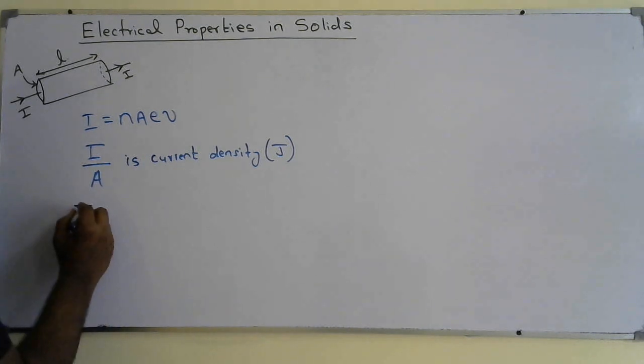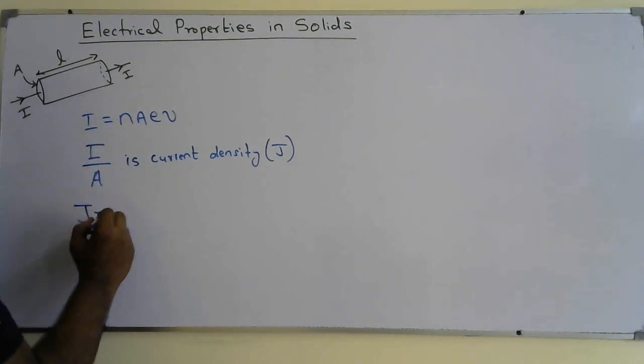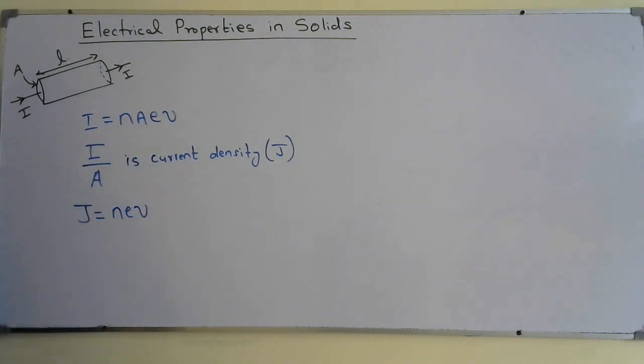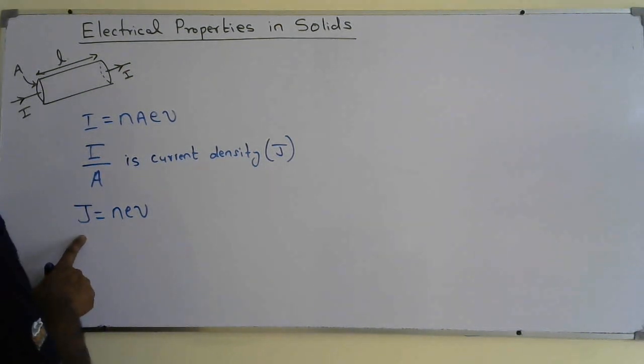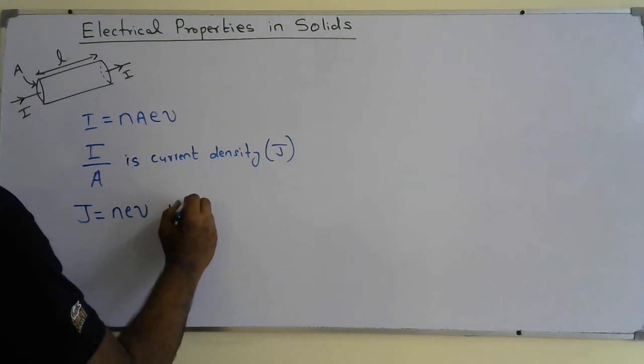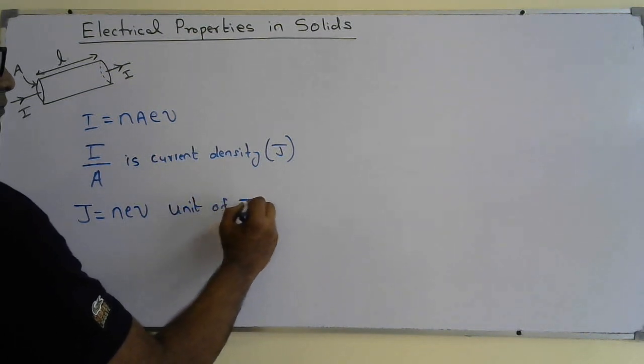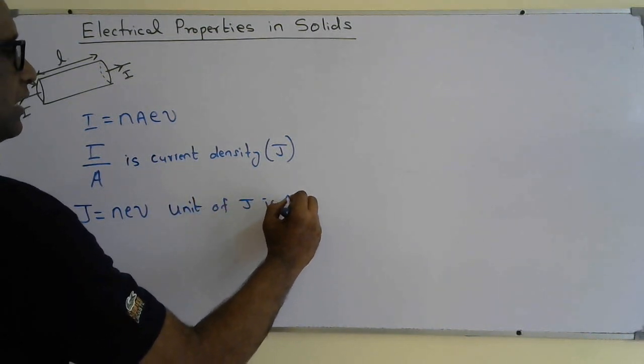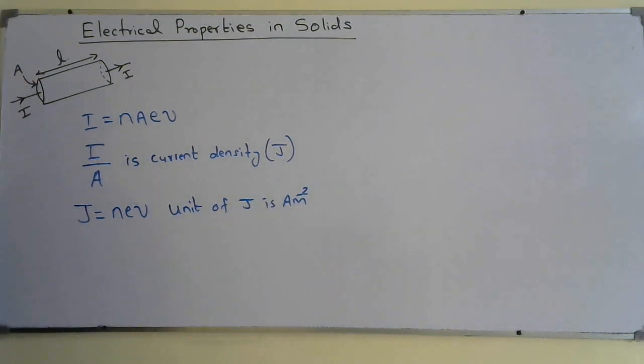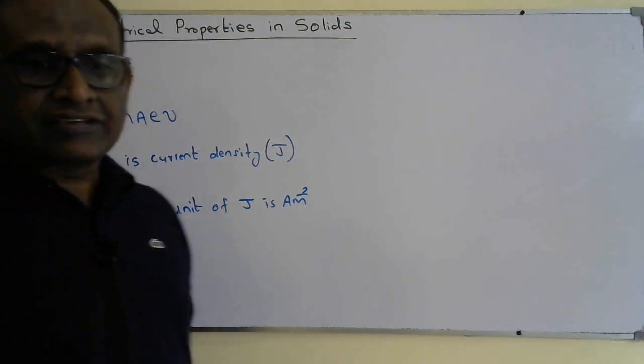So J is equal to nev. That's the current density. Unit of J is ampere per meter squared.